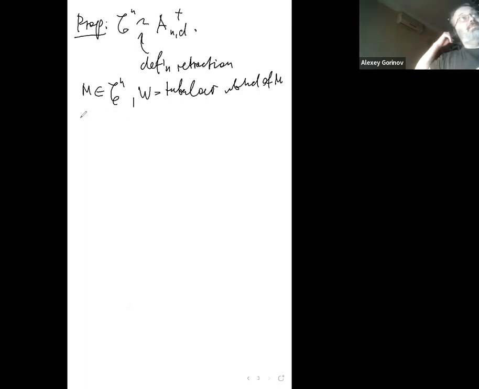Let's take an element M of Cn, which is a closed submanifold of Rn.